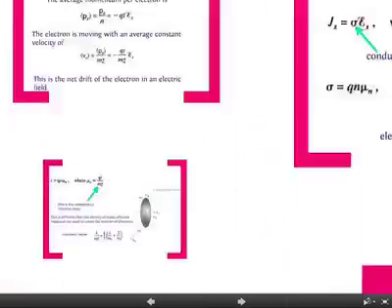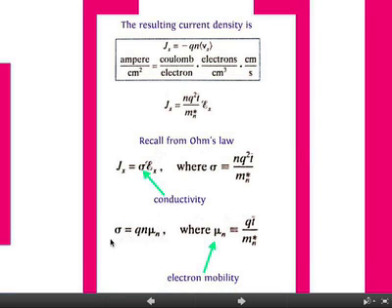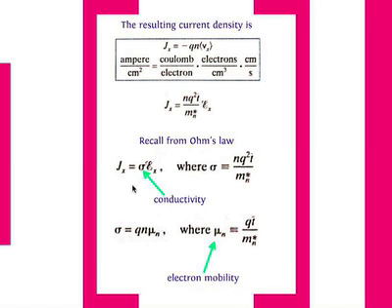Let's go back. If you take this expression and plug it here, you will see, actually, let's write this down. This is an important relationship. Okay, so sigma is n q mu. I'm going to drop the x's and all that, okay? So mu is sigma over q, okay?